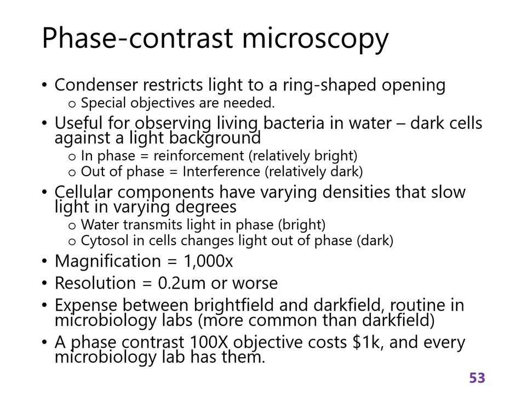So you can look at living bacterial cells using this technique, and the cells will appear dark and the background will appear relatively light. The idea is that cells are full of essentially salt water, and as light goes through, it goes a little slower through the salt water and it gets out of phase with the background light.